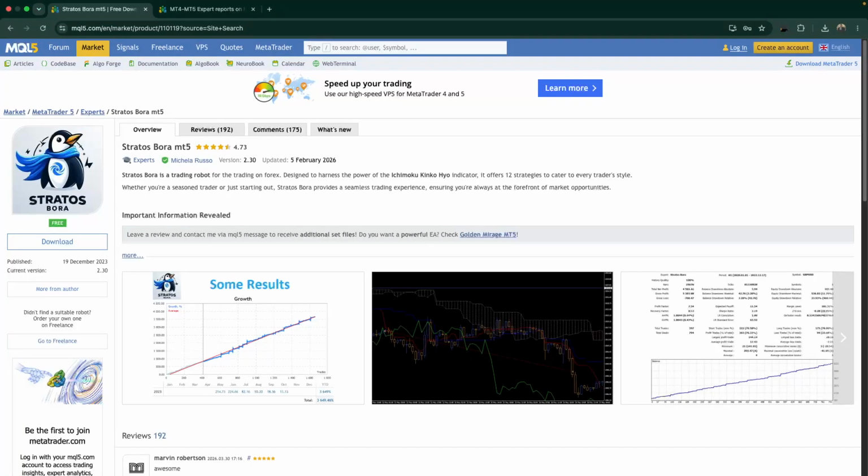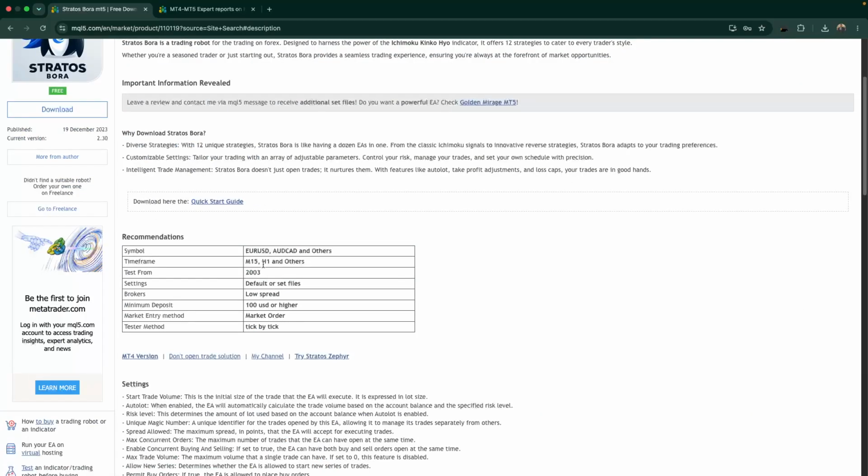In today's video we are looking at the Stratos Bora expert advisor for MetaTrader 4 and MetaTrader 5. This one is an Ichimoku-based trading system with grid elements on EURUSD on the 1 hour time frame, the M15 time frame and others.